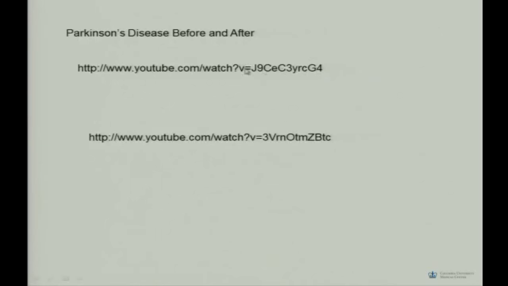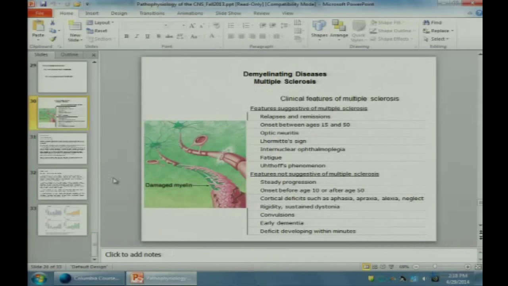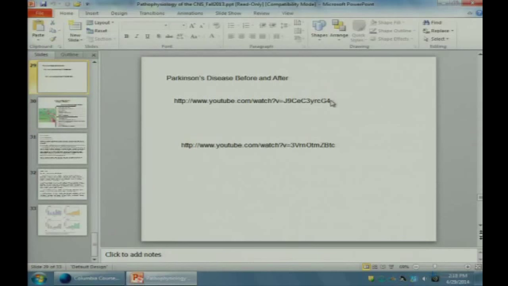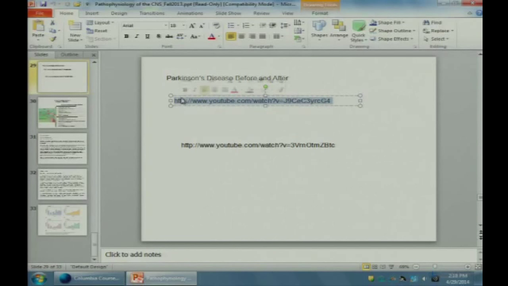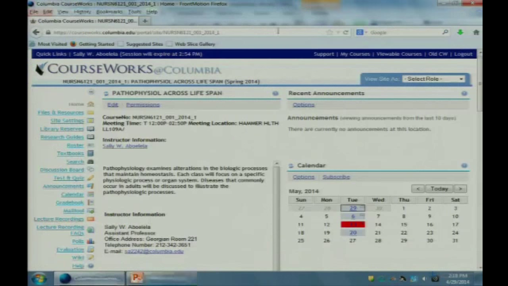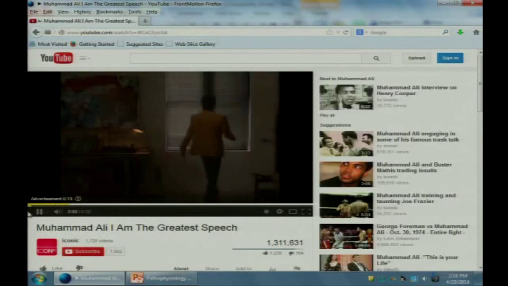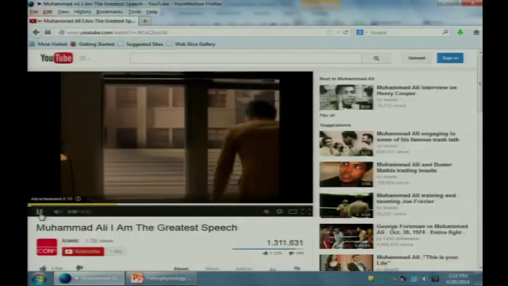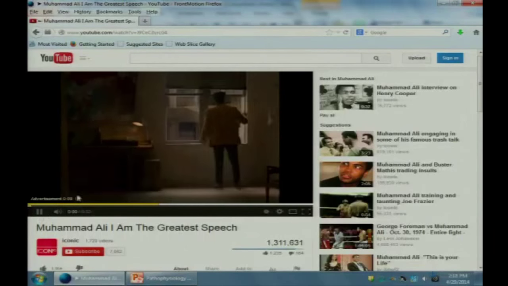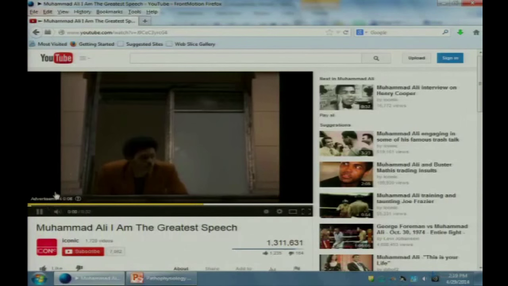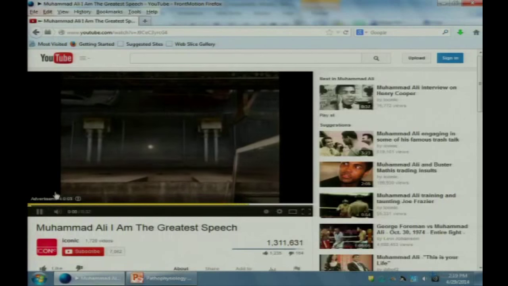So Parkinson's disease can be caused by a variety of things. There's inherited forms of Parkinson's disease, but we can also have Parkinson's disease occur as a result of repeated traumatic injury. When I grew up, I was a huge Muhammad Ali fan.